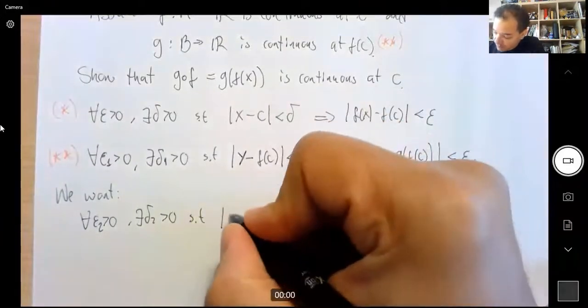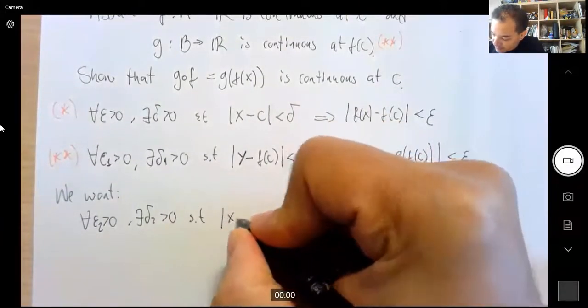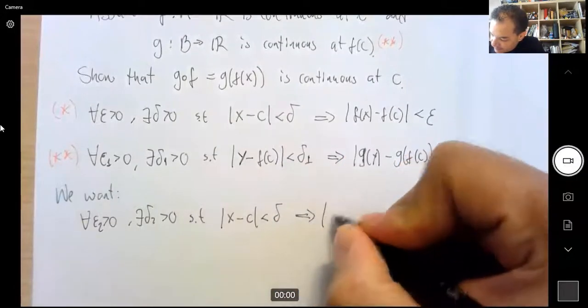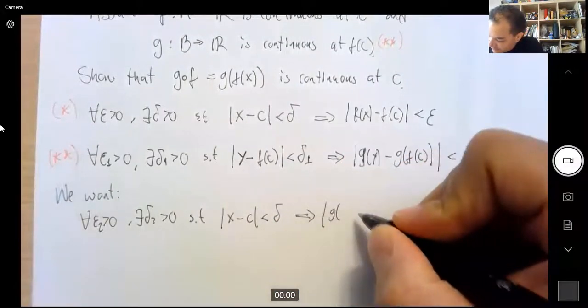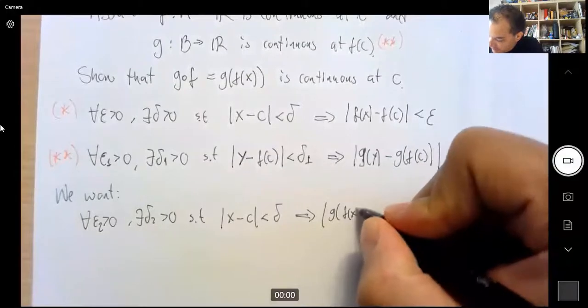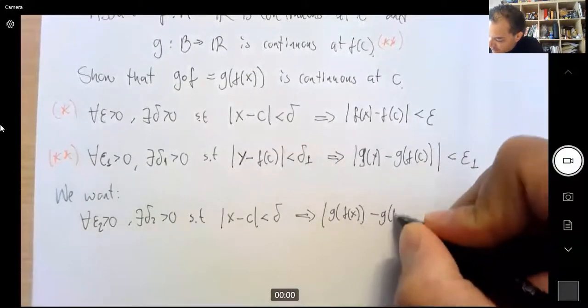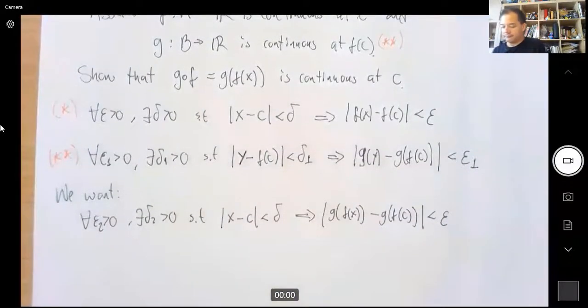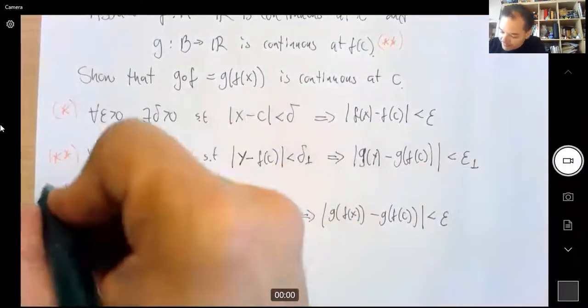So we want that if |x minus c| is less than delta, then |g of f of x minus g of f of c| is less than epsilon. This is what we want.